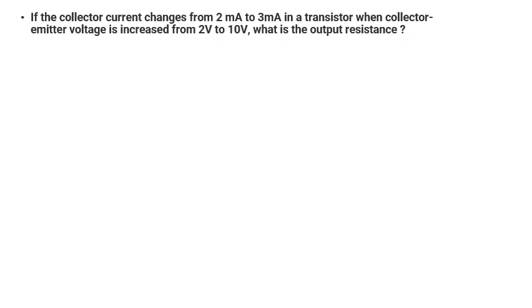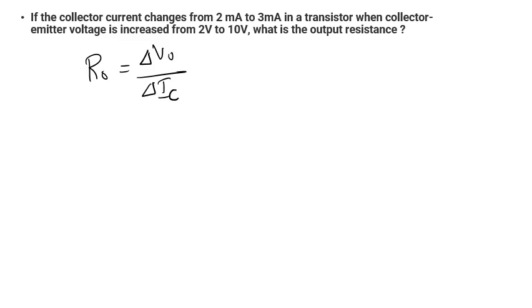In this question, we have to calculate the output resistance. If the collector current changes from 1 milliampere to 3 milliampere in a transistor when the collector emitter voltage is increased from 2 volt to 10 volt, what is the output resistance? Output resistance RO is equal to delta VO by delta IO.